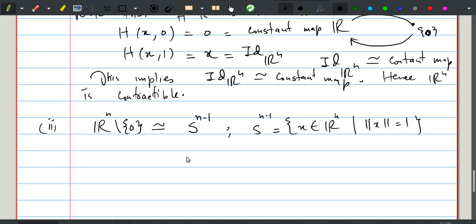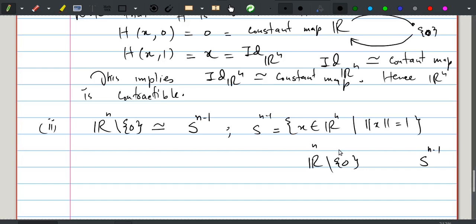So we have to prove these two spaces are homotopy equivalent. Now let us define a map. This is Rn minus 0, and here we have Sn minus 1.